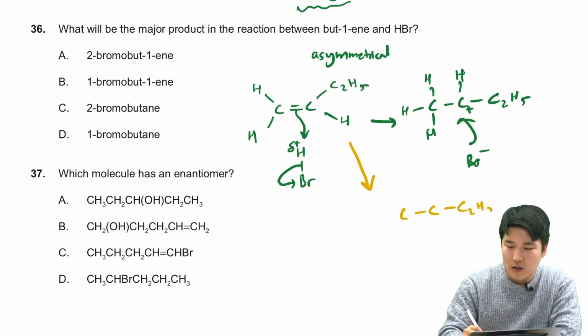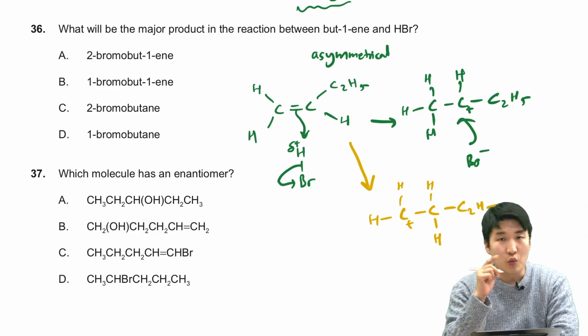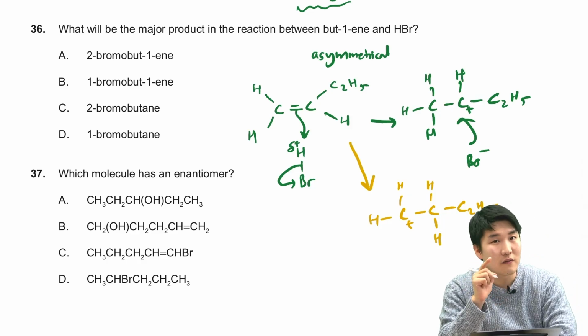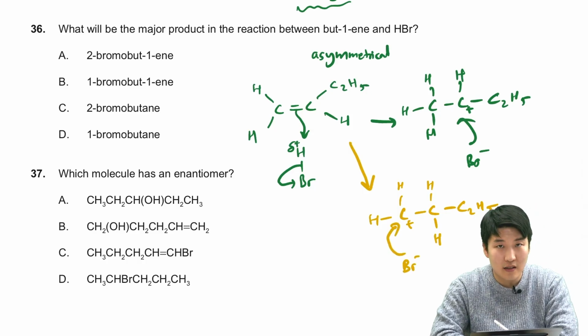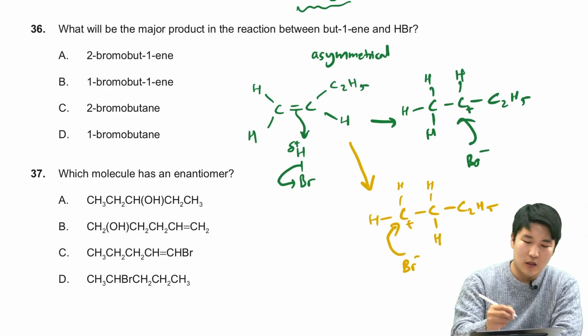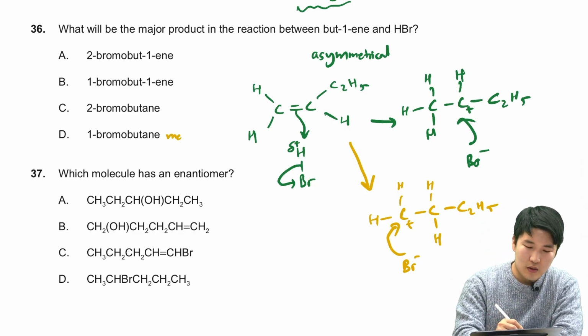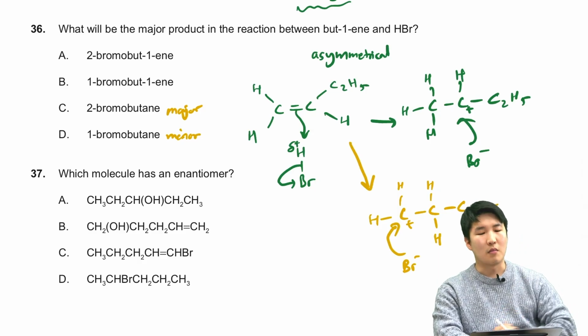Instead of the positive charge being on the second carbon, we could have the positive charge on the first carbon, carbon 1, to which the bromide ion will attack and form 1-bromobutane. Major product is going to be the 2-bromo, while 1-bromo will be the minor product.